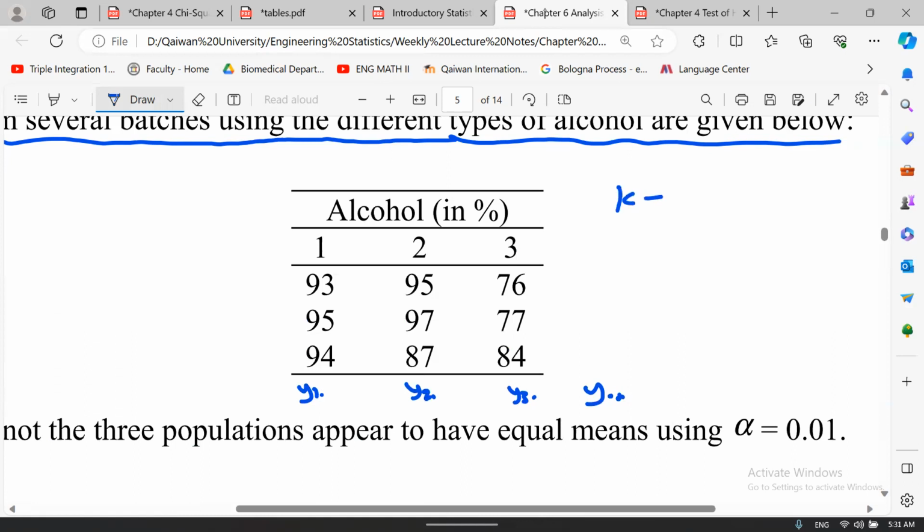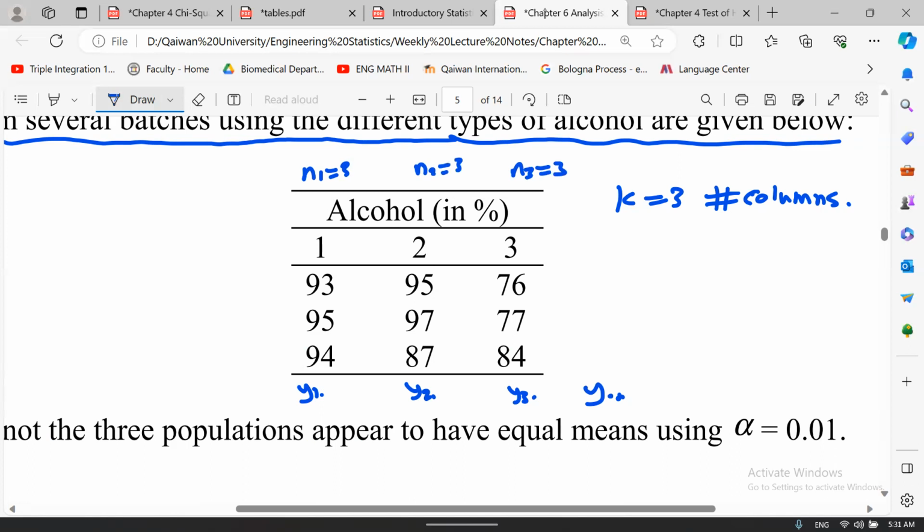K is 3. What's the number of columns? Okay. And n1, little n1, is the number of elements in the first column. Little n2 is the number of elements in the second column, and so on. Here, n1 is 3, which means we have 3 elements in the first column. n2 is 3, and n3 is 3.